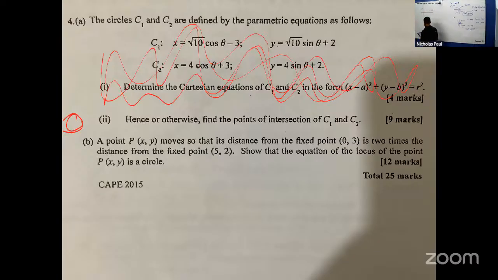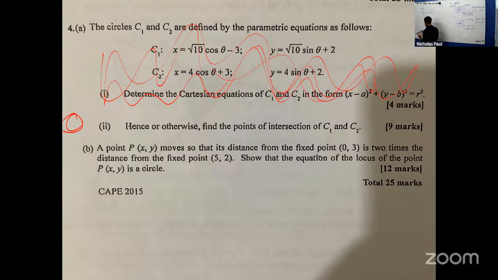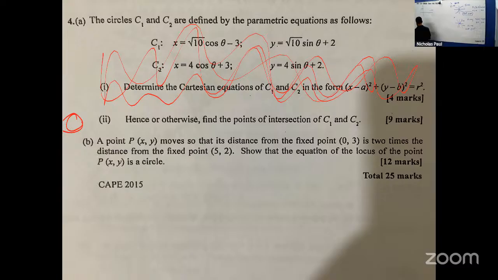So if here to here is D, here to here is 2D. That's okay?